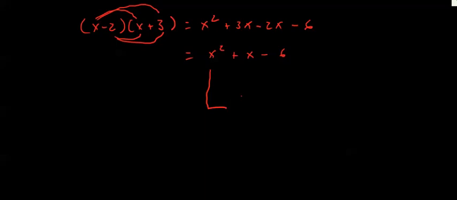The x squared came from multiplying first terms. The minus 6 came from multiplying the last terms.